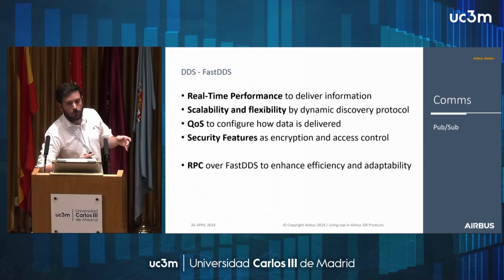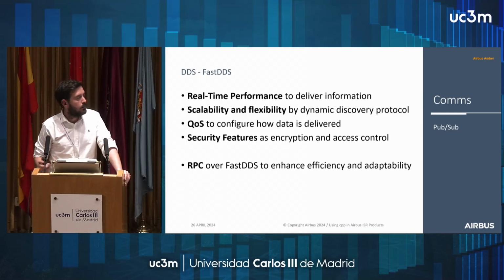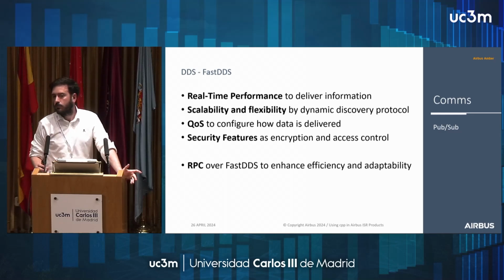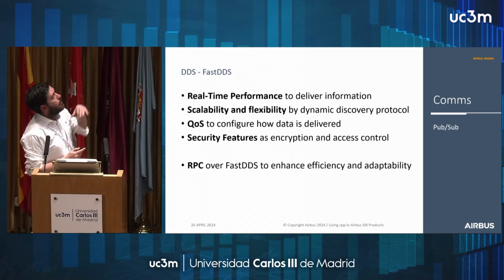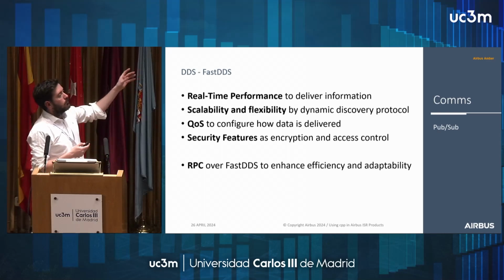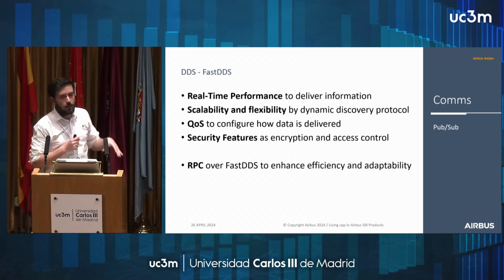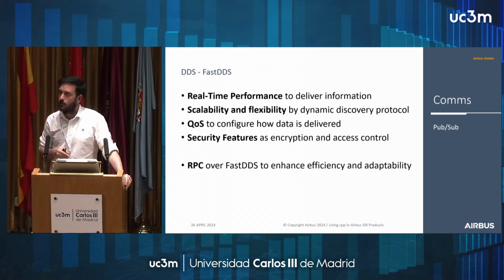And remember, we are EDS, of defense. Security features are very important for us, okay? This is a military environment. We need encryption and access control for the system, for the communication, for the message. And in particular, we selected FastDDS because we can run RPC over DDS.